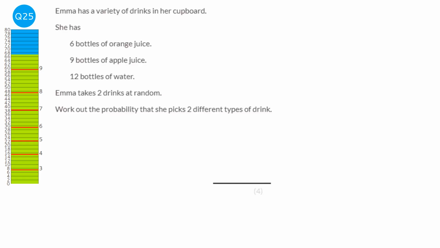We're going to start by working out what outcomes will give us two different types of drink. So we could have OA or AO. We could have AW or WA. And we could have OW or WO.